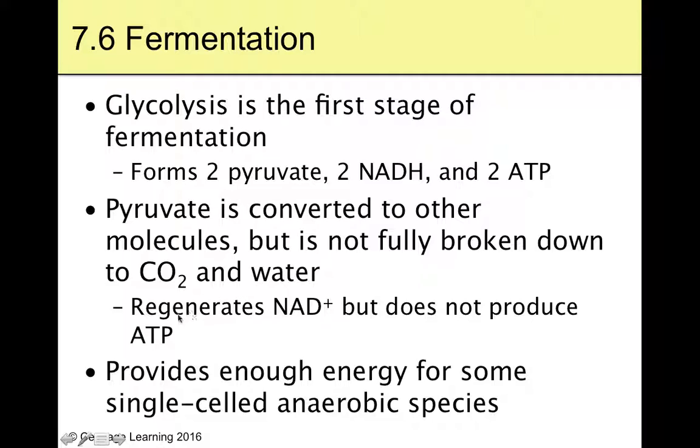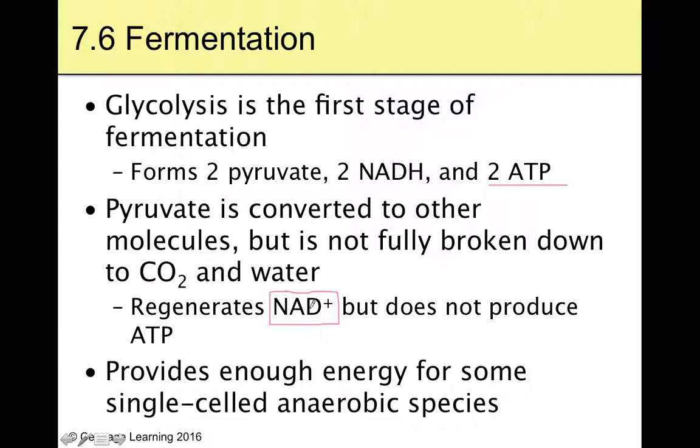So their goal is to regenerate NAD+. NAD+ is the reactant in glycolysis. And so if all you can do is make 2 ATP at a time and you want to stay alive, you want a lot of this guy because he's your starting point. So we're not going to produce a lot of ATP.